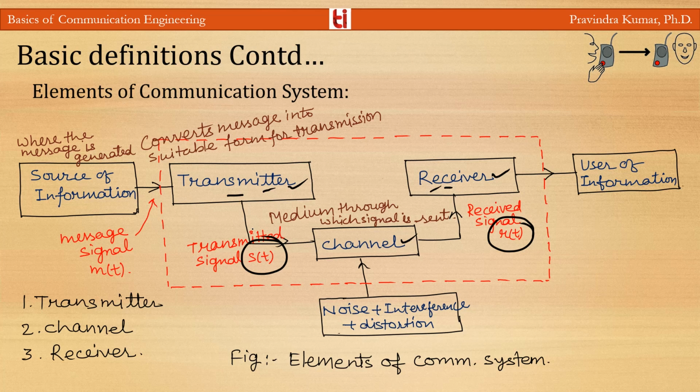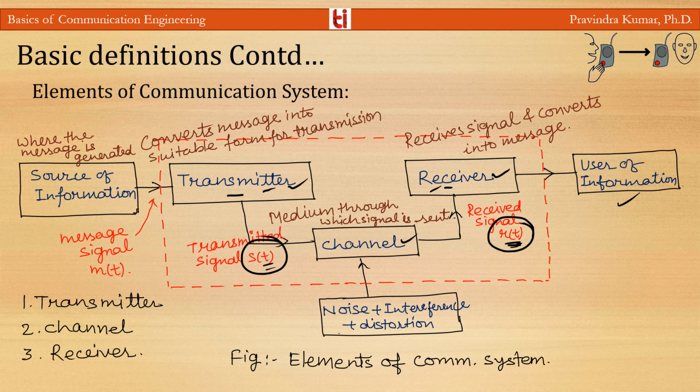The receiver accepts this corrupted signal r(t) and reconstructs an estimated signal of the original message signal for the user. So it extracts the transmitted signal from this corrupted signal for the user.